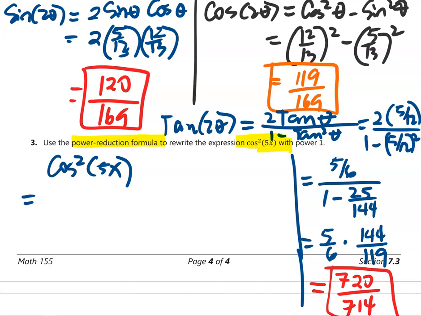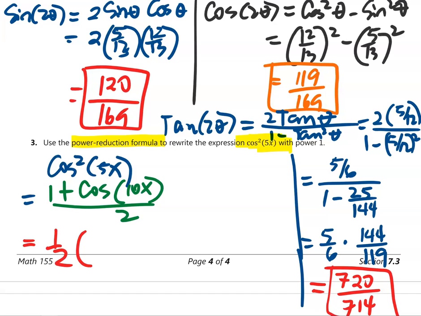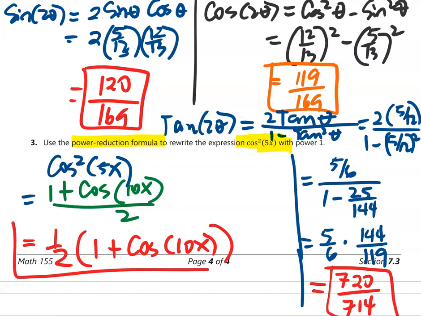So that is simply 1 plus cosine 2 theta, our theta is 5x, 2 times 5x is 10x, over 2. So we can rewrite this with the power of 1, which is equal to 1/2 times 1 plus cosine of 10x. So this is the answer.